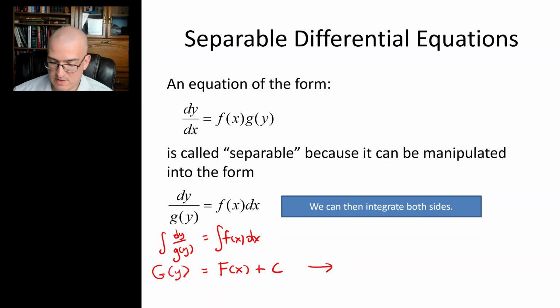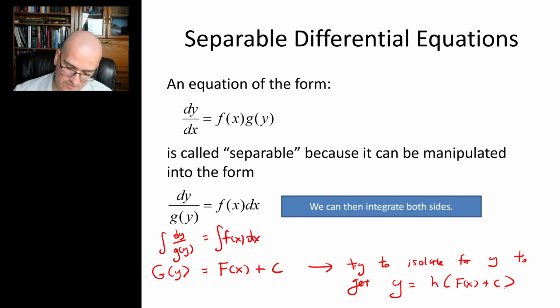And then we'll try to isolate for y, to get y is equal to some h of capital F of x plus c. So to get a solution, to get a function that meets that requirement.